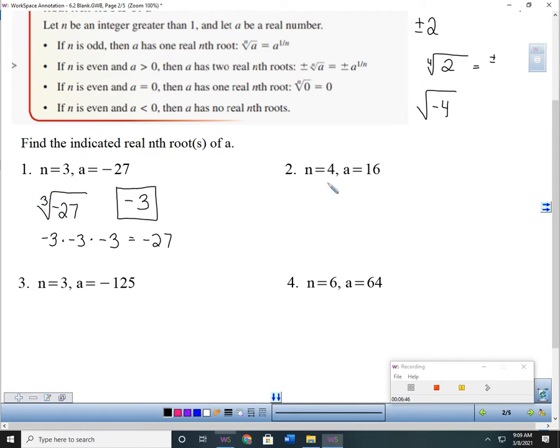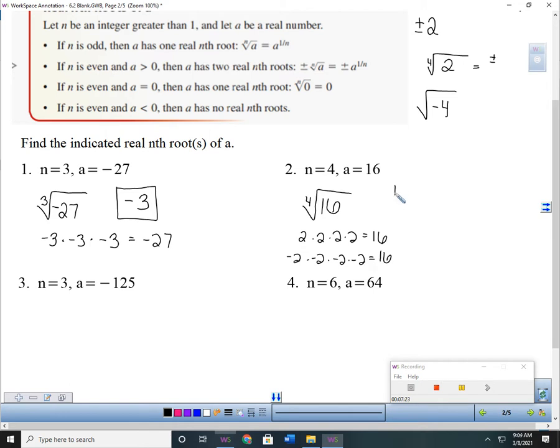Only one answer. This time your root is 4, so I have the fourth root of 16. This means what number times itself 4 times equals 16? Well, 2 times 2 times 2 times 2 equals 16, right? And also, negative 2 times negative 2 times negative 2 times negative 2 equals 16.